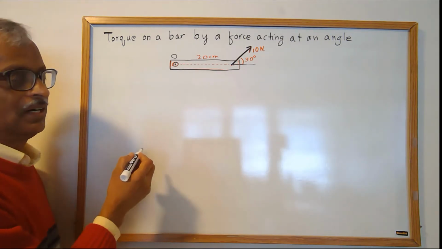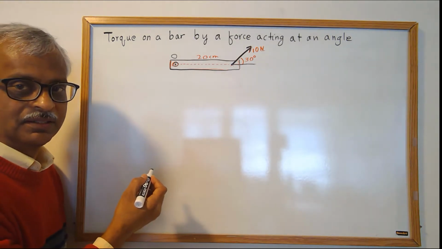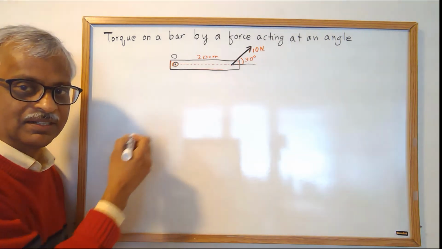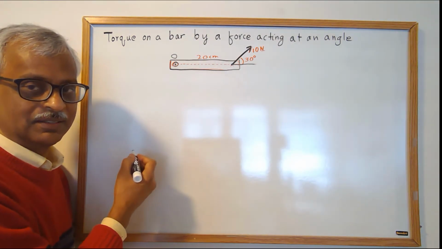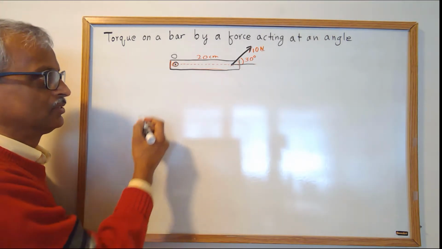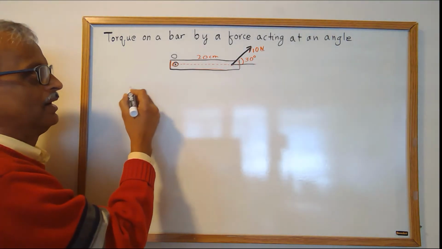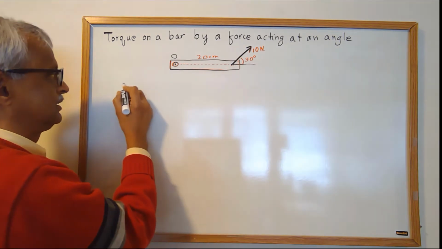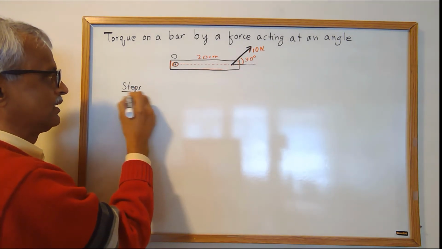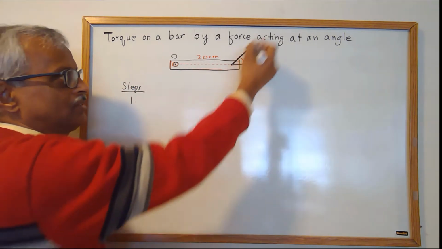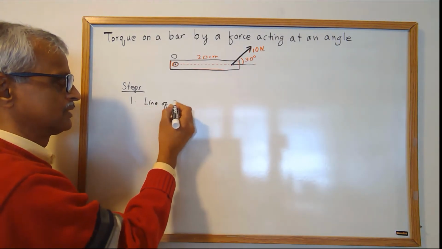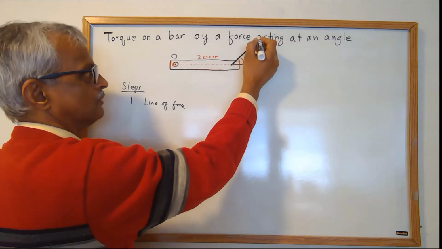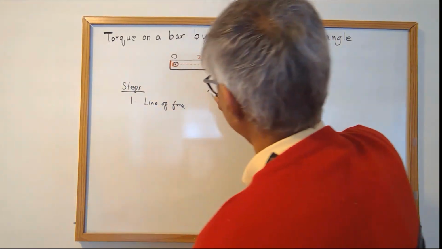We're going to use the lever arm method. There are other methods of setting this problem up, but I think the lever arm method is very visual. So the lever arm method says go to the force. The first step is to extend the line of force.